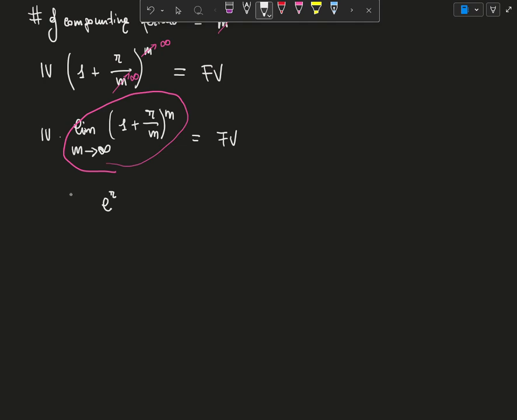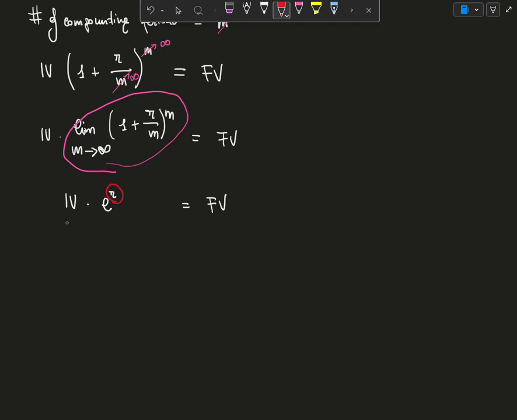So basically we can multiply the initial value times e to the power of r and get the final value with continuous compounding. So now that we know that, we need to solve for r.